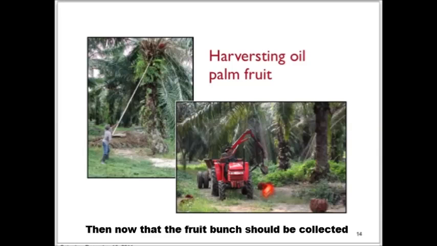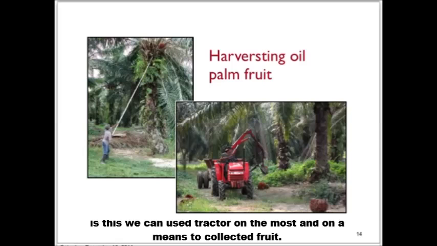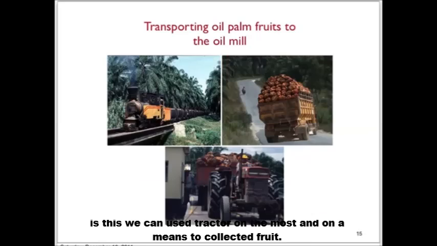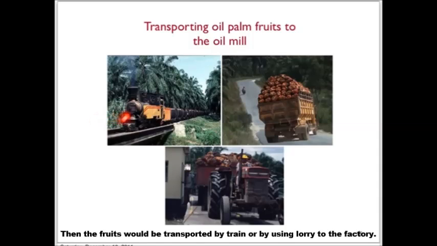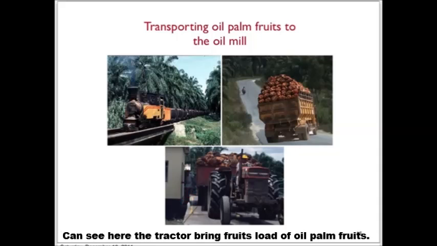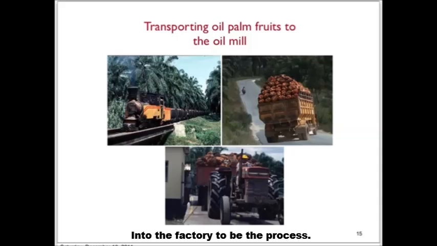Then the fruit bunches will be collected. These days we can use a tractor or other modern means to collect the fruit. Then the fruit will be transported by train or by lorry to the factory. As you can see here, the tractor brings a full load of oil palm fruits into the factory to be processed.